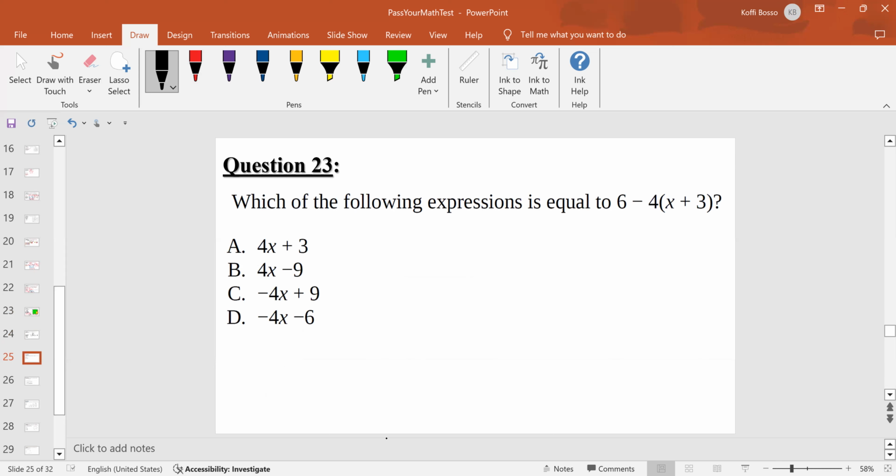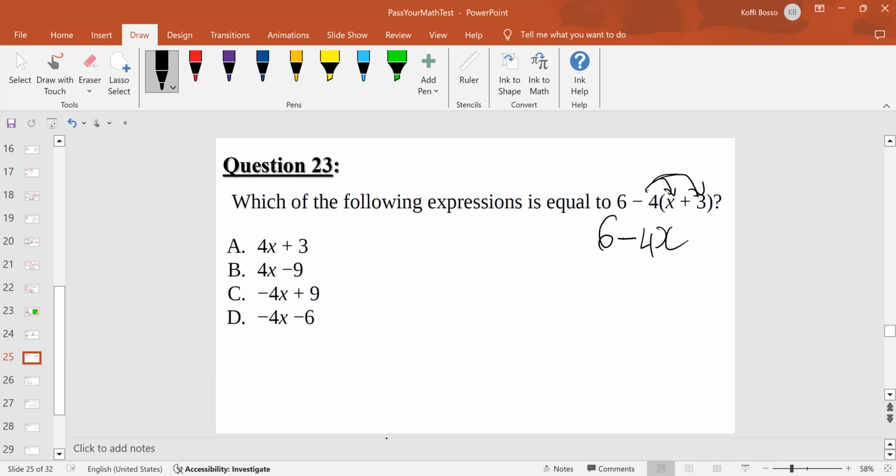Question 23. Which of the following expressions is equal to 6 minus 4 parentheses x plus 3? Please, order of operations: don't do 6 minus 4 to say you're going to have a 2 here. No. Instead, we distribute. Negative 4 times x is negative 4x.